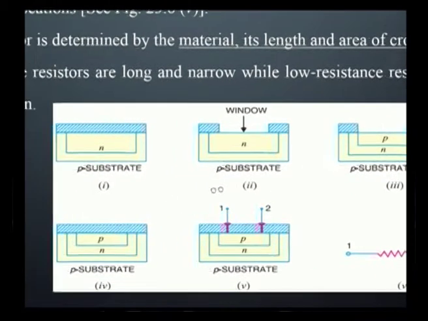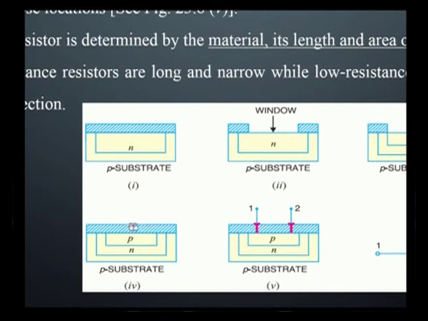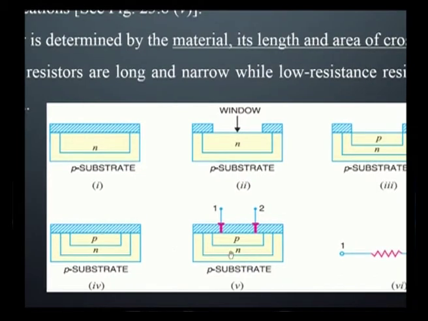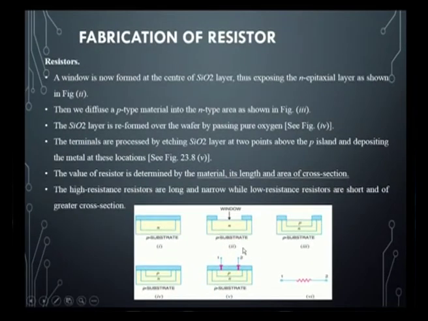After getting the P-type material, the covering of the P-type material is done by exposing it to pure oxygen, so that the insulating layer covers the entire surface of the P-type material. Finally, both terminals are made at particular points on the P-type material with the help of etching. So, this is how the resistor fabrication is done.